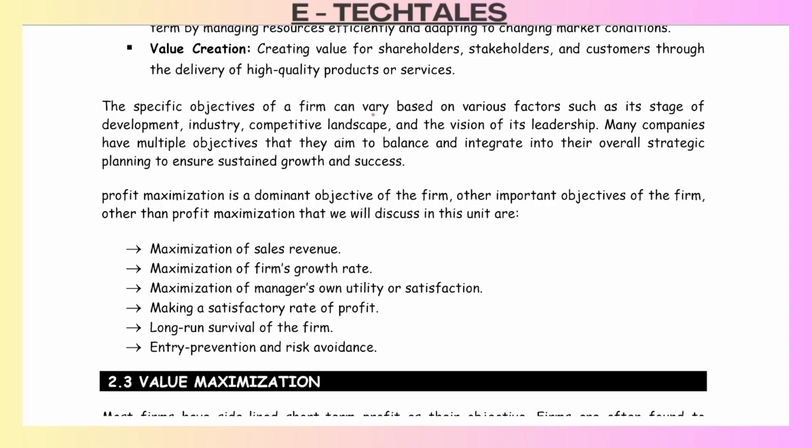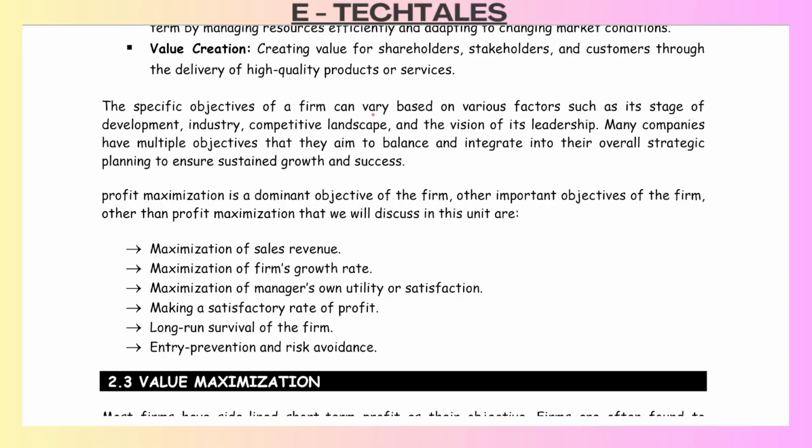Profit maximization is a dominant objective of the firm, but there are others, like maximization of revenue, then maximization of the firm's growth rate, then the manager's own utility or satisfaction, then making a satisfactory rate of profit, then long-run survival of the firm, then entry prevention of other companies, like startup companies for example.